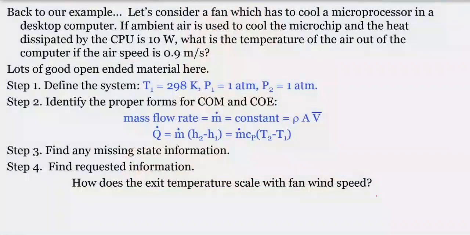So what I want you to think about next is what happens to the exit temperature as a function of the fan wind speed. In other words, if we double the air speed from the fan, what would happen to the temperature? If you're a design engineer, these are the type of criteria that you would have to consider, which is, okay, I can't let the system get above this temperature.